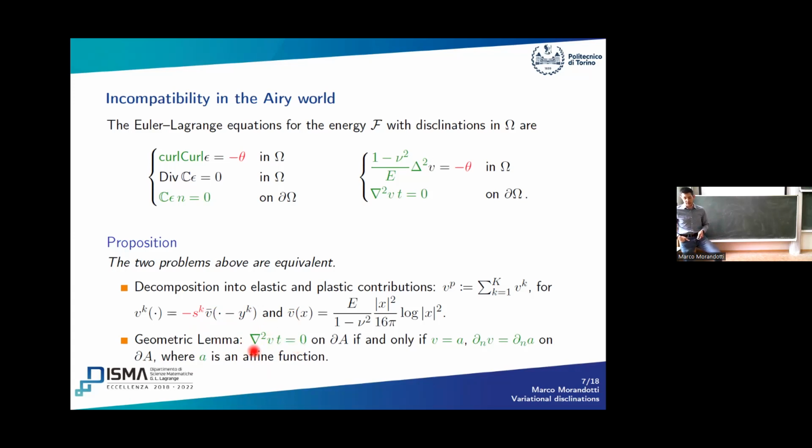It tells us that the action of the Hessian on the tangent vector on the boundary of a set is zero if and only if v and its normal derivative are the trace of an affine function on the boundary. Ideally, uniqueness will be established up to affine functions in the real world, because these are those that happen to be in the kernel of the gradient of the Hessian operator.